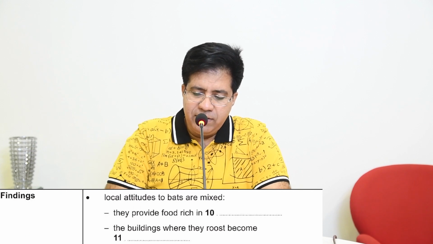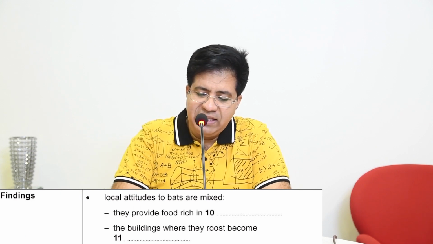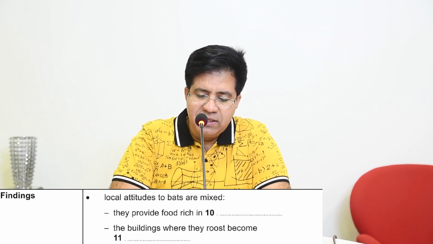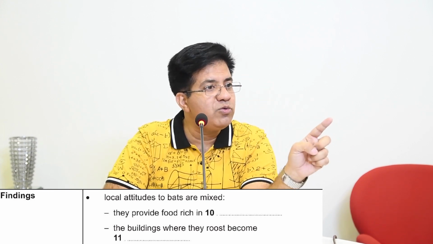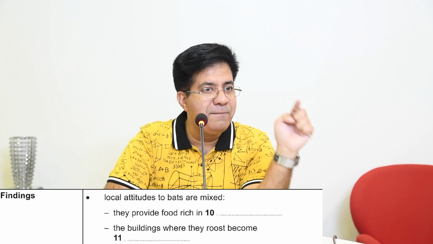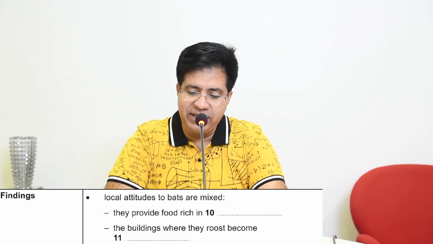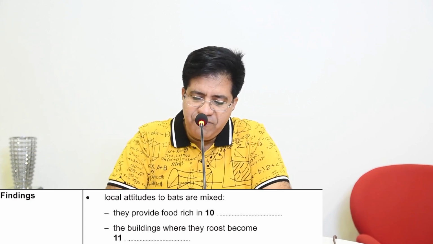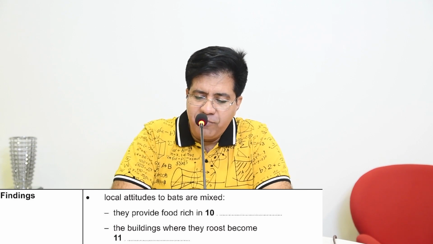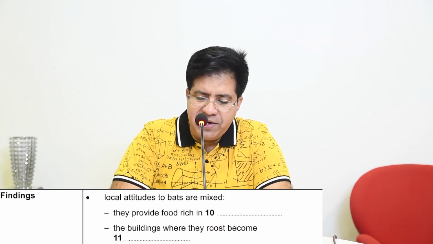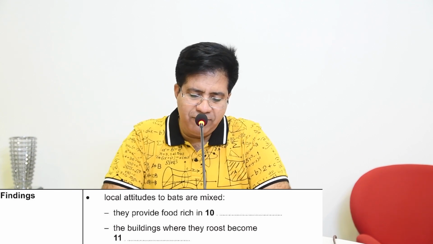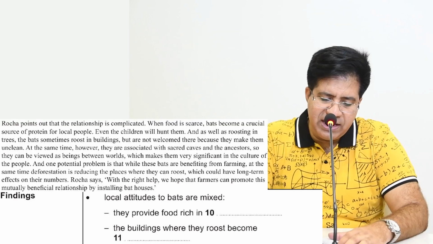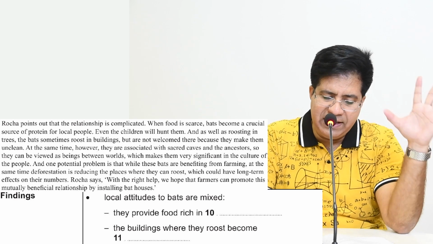Question number 11. The buildings where they roost, they means bats. And you should be clear about this. Whenever they use the word they, them, this, you should be clear about that. The buildings where they roost become. What do those buildings become? Let's go back. Same paragraph. I'm reading it from the second line.